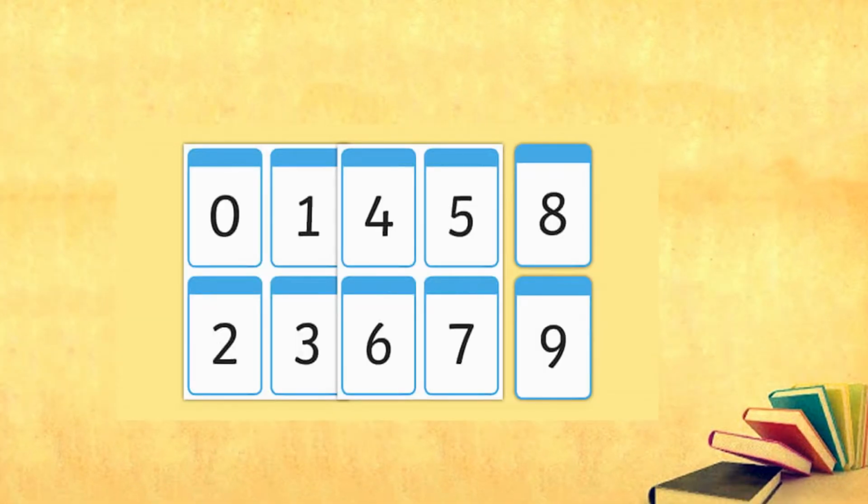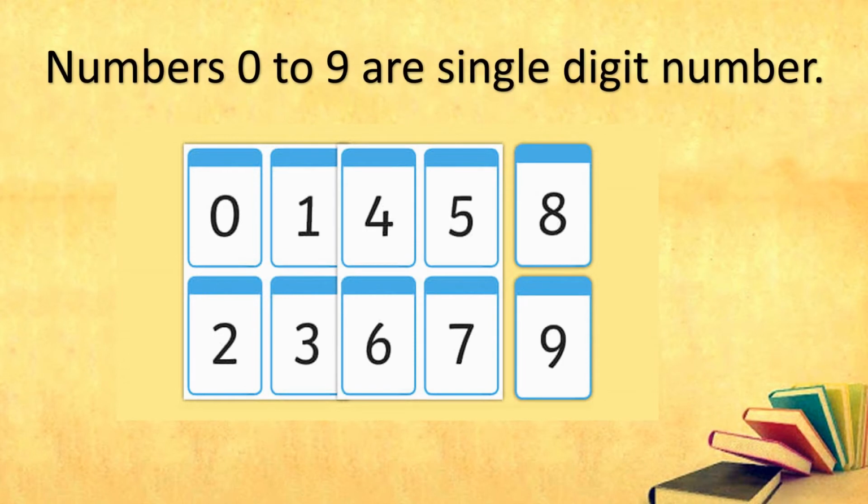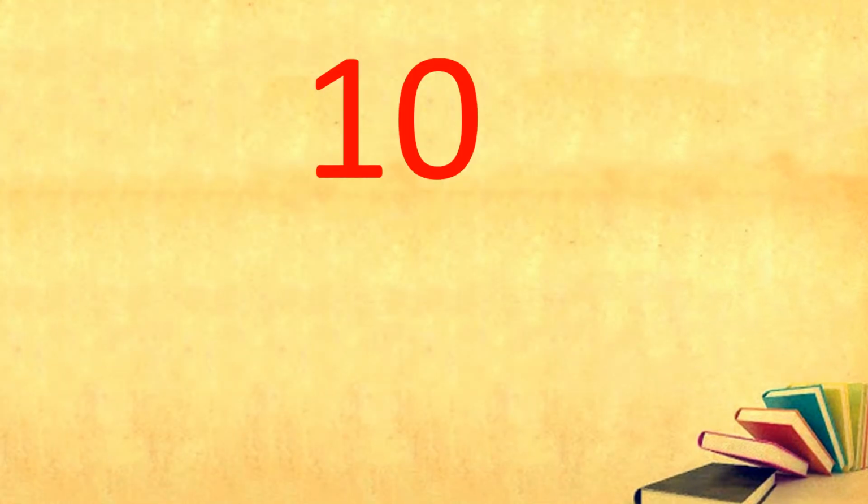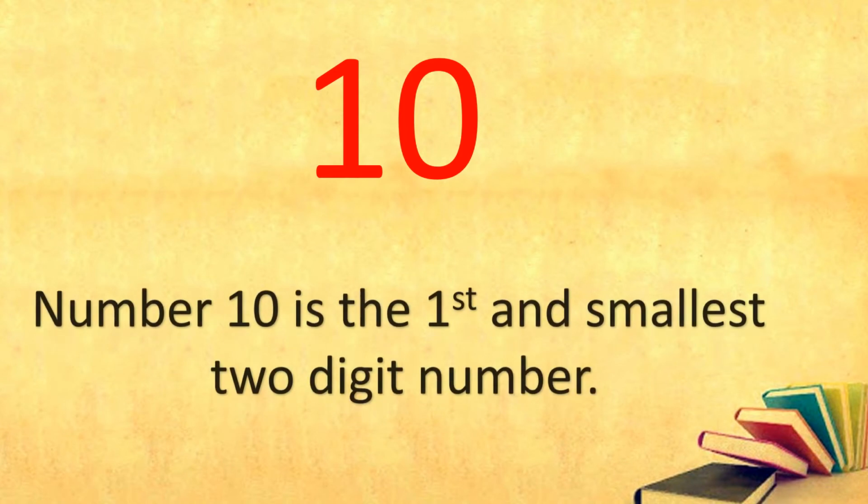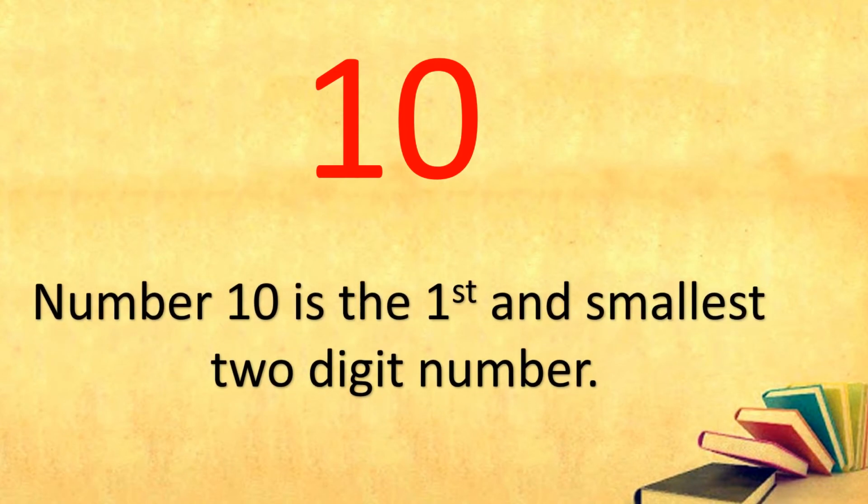Do you know, children? Numbers 0 to 9 are single digit numbers. We always add them on ones place. Number 10 is the first and smallest two-digit number.